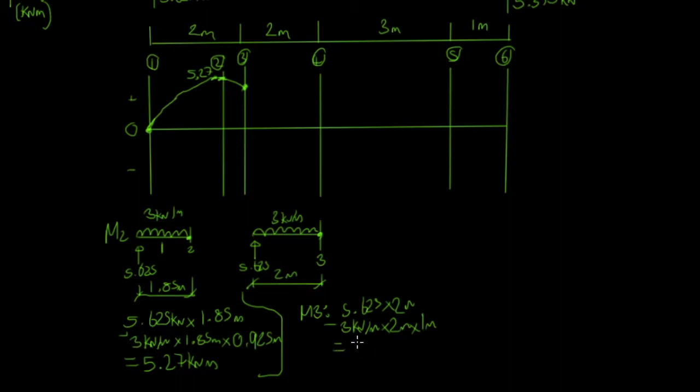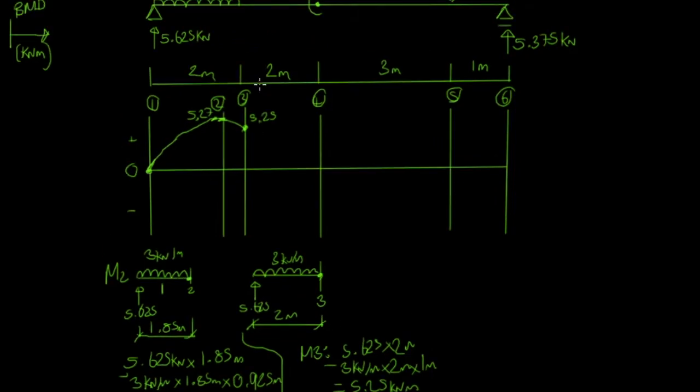Gives us 5.25 kilonewton meters. So that's our value here, 5.25. Oh, let me just go to that. There we go. And that's starting to look about right.